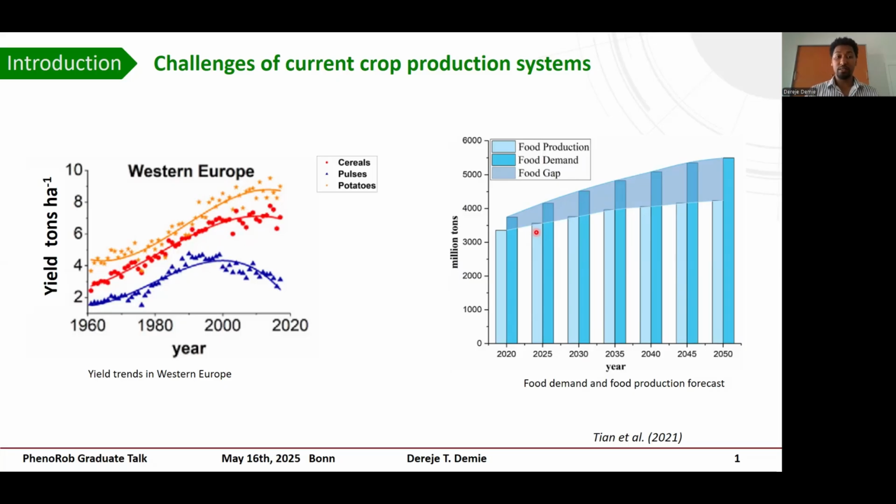However, the past crop yield increment was accompanied by a monoculture production system, which is also characterized by higher chemical inputs such as pesticide and fertilizer, which have detrimental effects on the environment and the marine ecosystem.